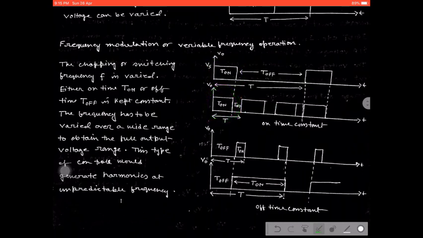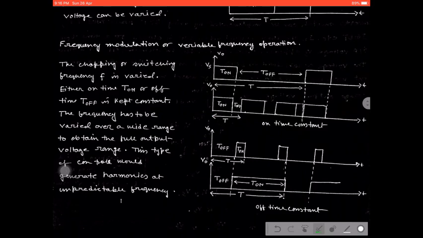That means ultimately in this particular cycle, we will achieve 3 times the peaks or pulses here. That means we can say we have changed the frequency, or total time has changed. That means the time duration has changed, means the frequency has changed.